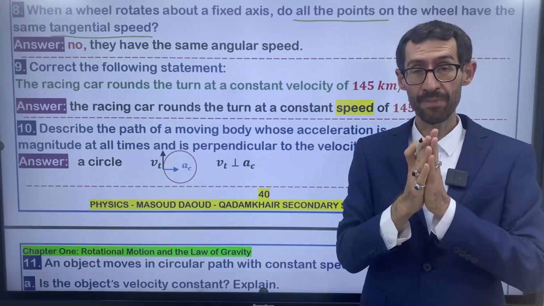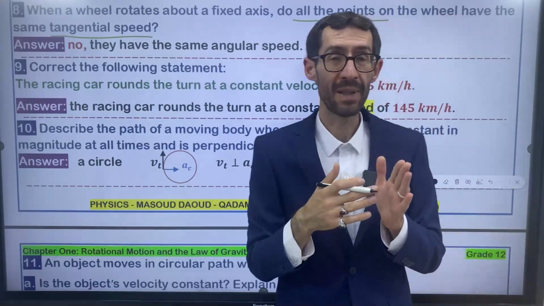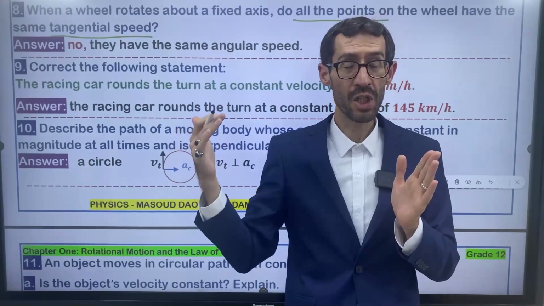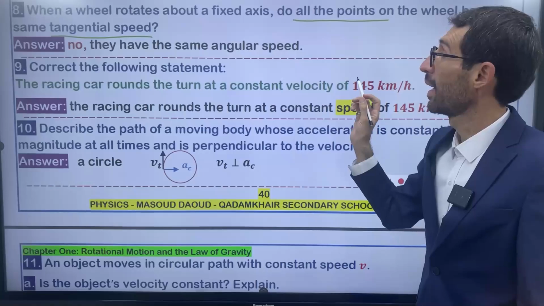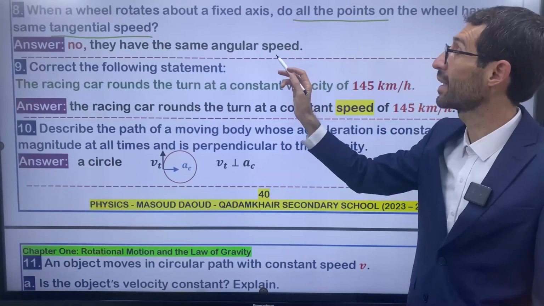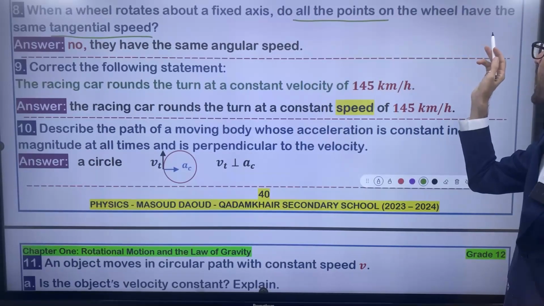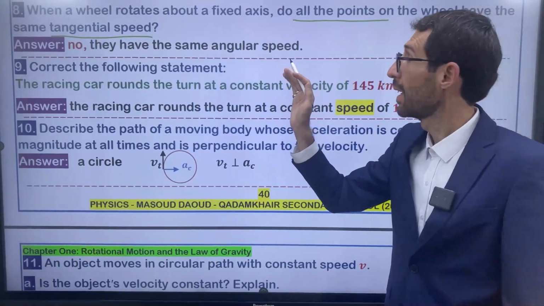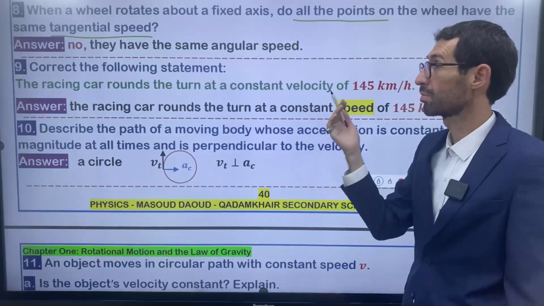The farther the point is from the center of rotation, from the axis of rotation, the larger the tangential speed is, the larger the tangential acceleration is. That's why the answer is no. They do not have the same tangential speed. They have the same angular speed. This is the answer of the teacher's book.